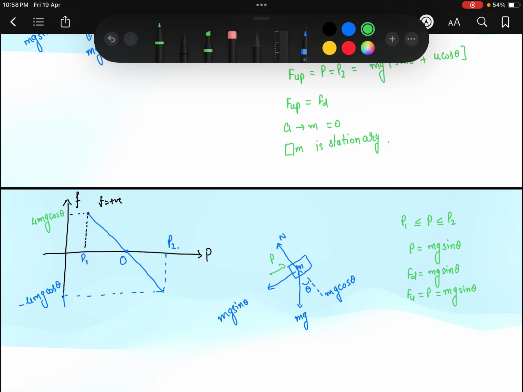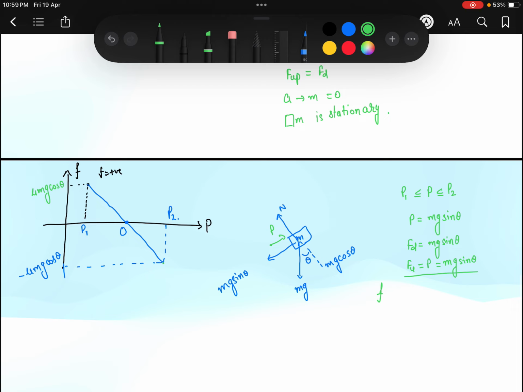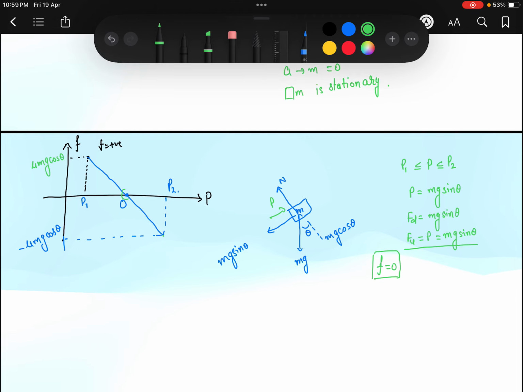If friction acts, that means the body will start moving, but friction does not want bodies to lose contact with one another. Okay, so in this case your frictional force will be 0. This is the intermediate case where frictional force will be 0.